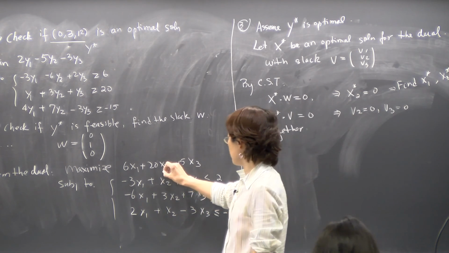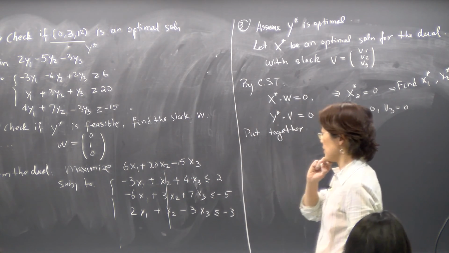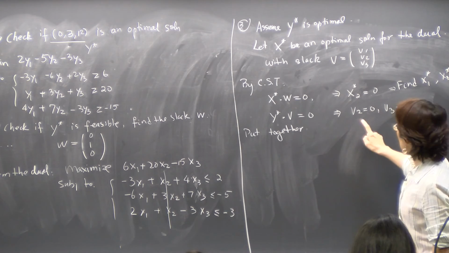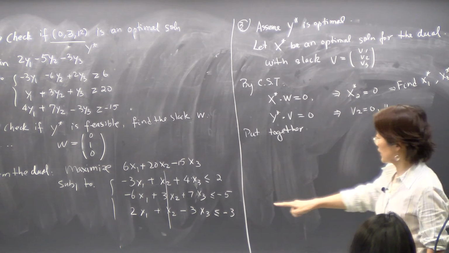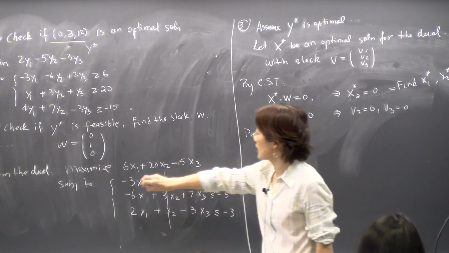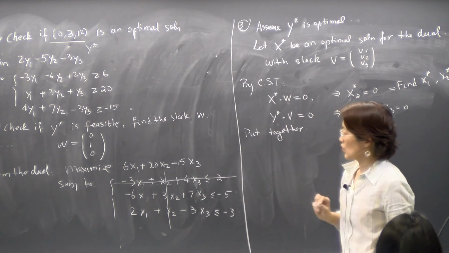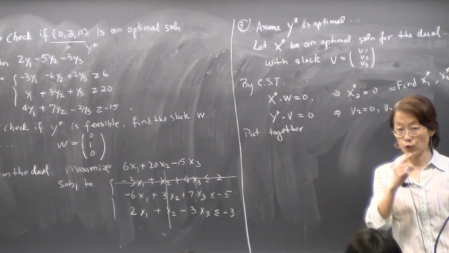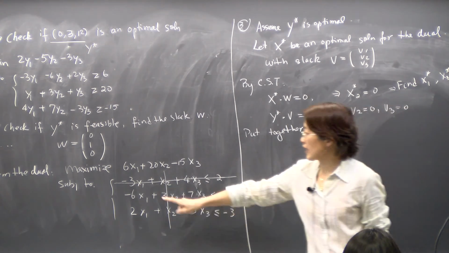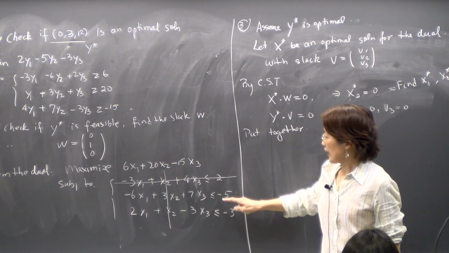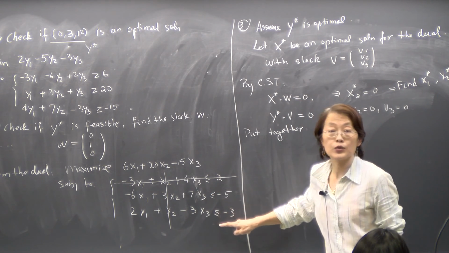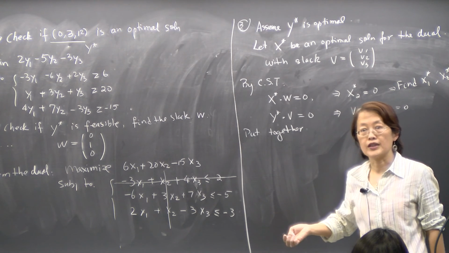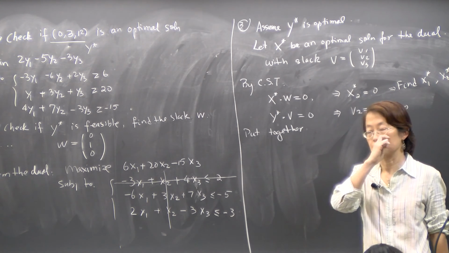I know x2 is 0, so this will not enter in my equation. And then I also know I need the second and the third constraint. These two will be taken. So the first one actually will not be taken to form this equation. So I see I have two unknowns, and then I change the inequality into equal sign. I solve for it. Is that clear?